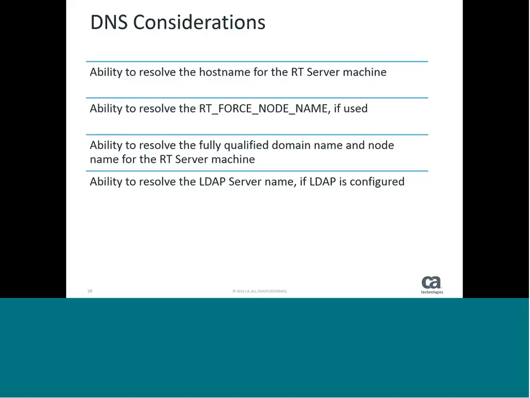If they are not able to connect inside Harvest, they should check whether the DNS server is able to properly resolve to a working IP address of the RT server. If they have used an RT-force node name, the DNS server should be able to resolve and provide an IP address for the name used for the RT-force node name.